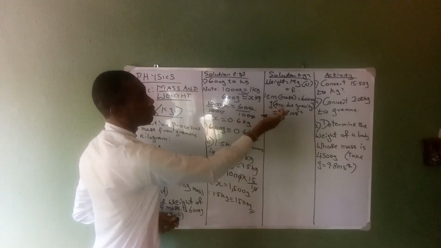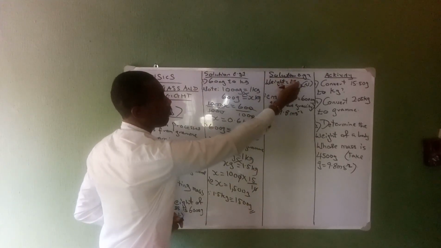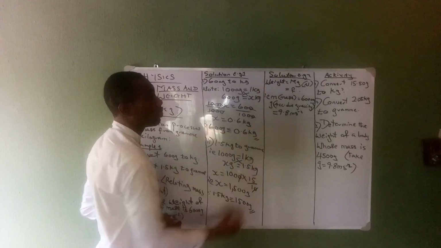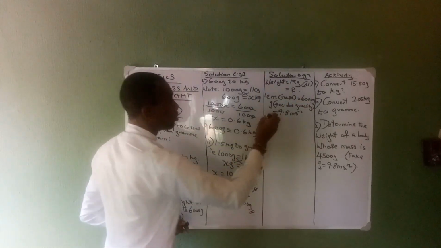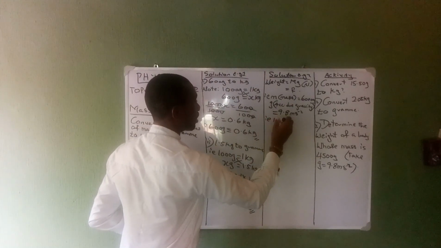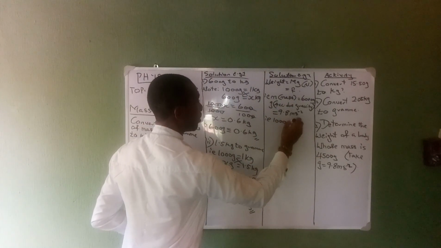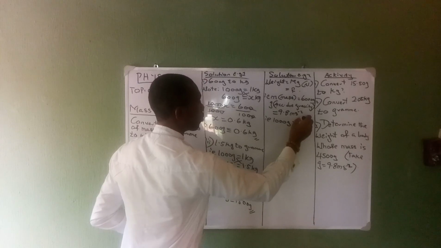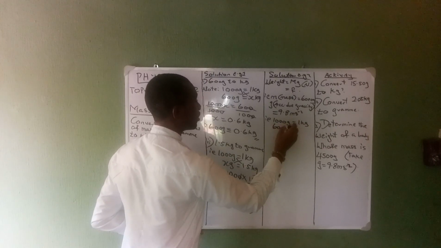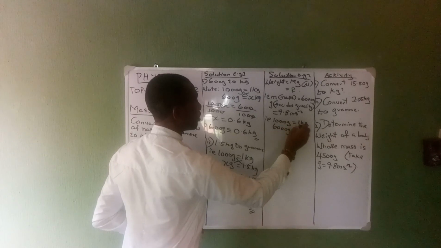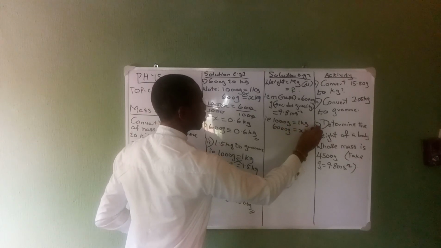So now, before we substitute into the formula that weight is equal to mg, there is need for us to convert mass to what? To kilogram. So we'll say 1,000 gram is equal to 1 kilogram. Then 6,000 gram will be equal to x kilogram.